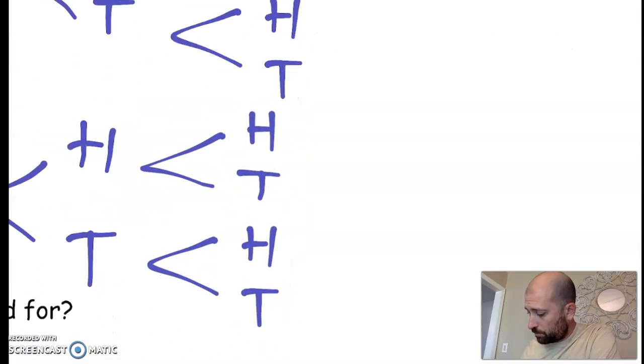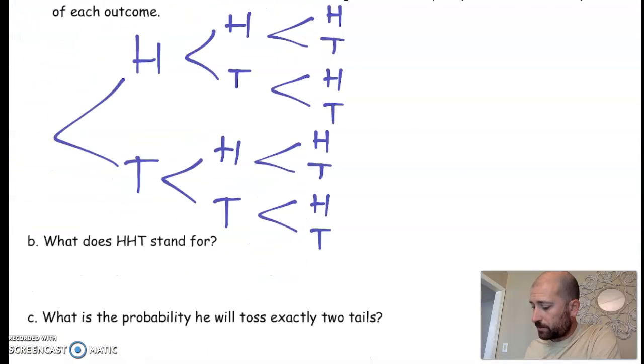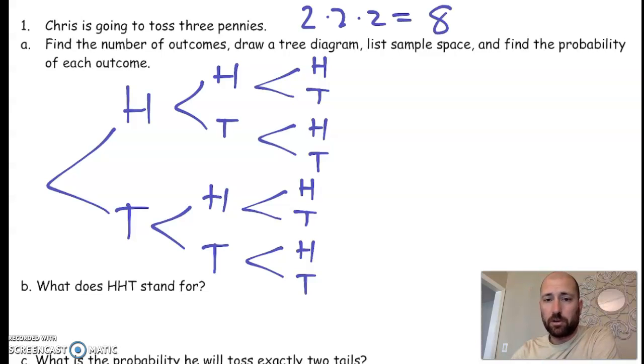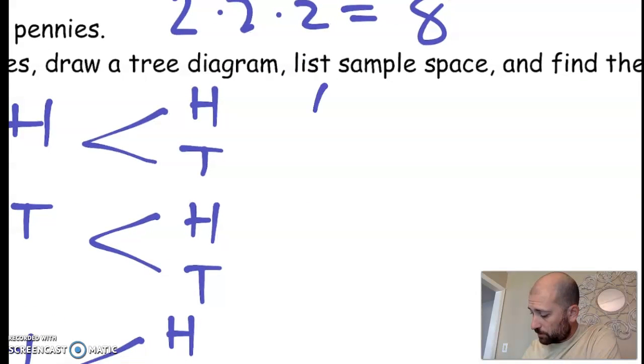Duplicate that. Right down there. So that is our tree diagram. The amount of outcomes you could find by doing 2 times 2 times 2, which is 8, or count the right side of your tree diagram. I'm going to list the sample space starting at the top.